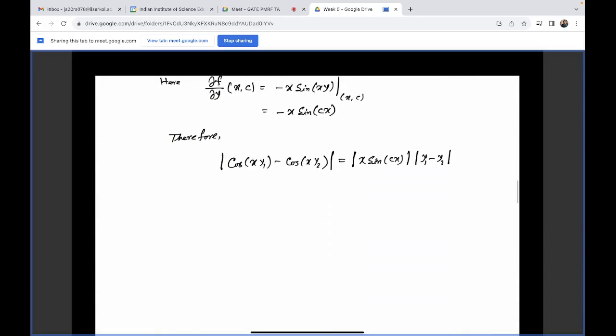Now let's take x to be in some interval AB. Let x belong to some fixed compact interval AB, right?